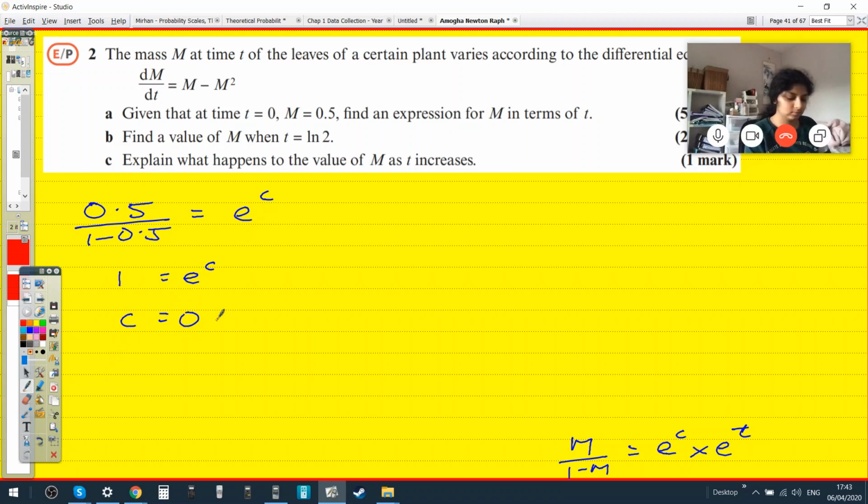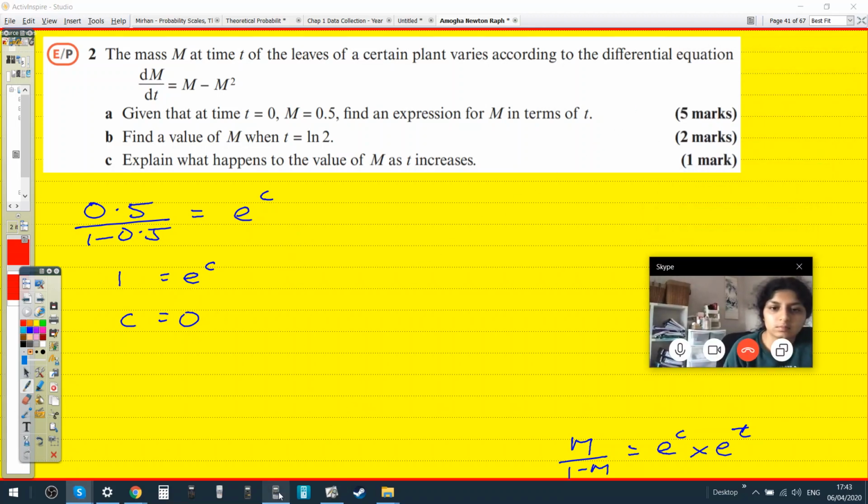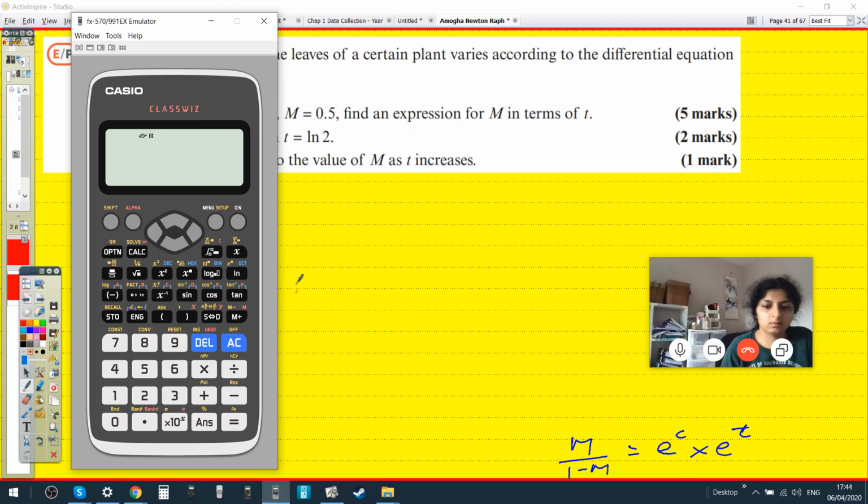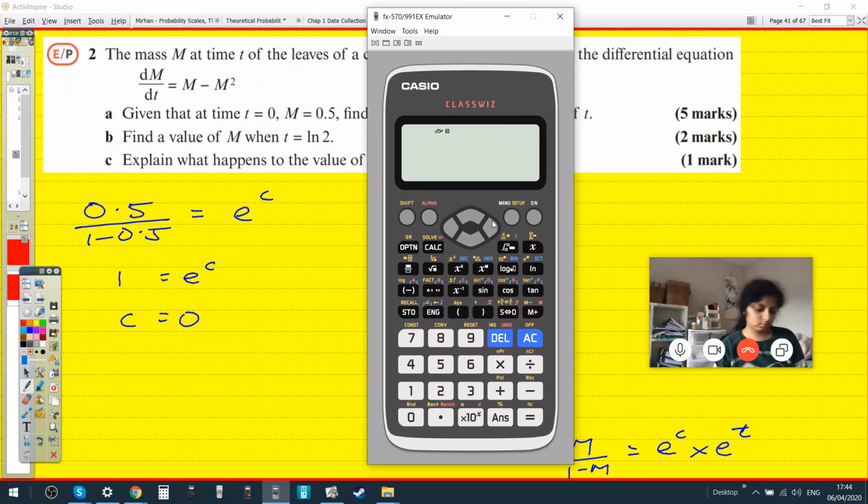Explain what happens to the value of m as t increases. Gets smaller. You could stick it in your graphical calculator as well. I'm actually just going to use the normal calculator table, but you could use graphical.